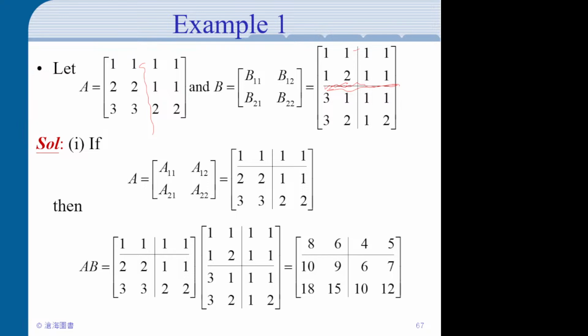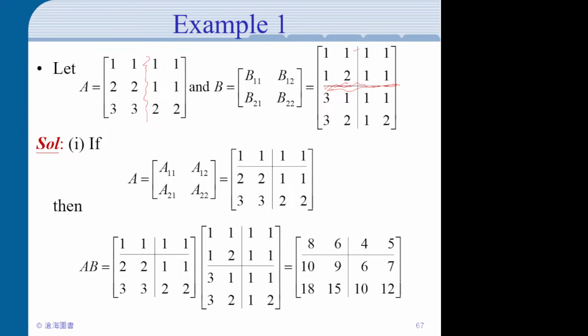This partition on the column dimension, which is partition into different rows, needs to match this partition on the row dimension, which is partition into columns. Sorry, it's a very confusing name I'm giving, but it should be clear intuitively. So this partition should match this partition, and the other thing is whatever.